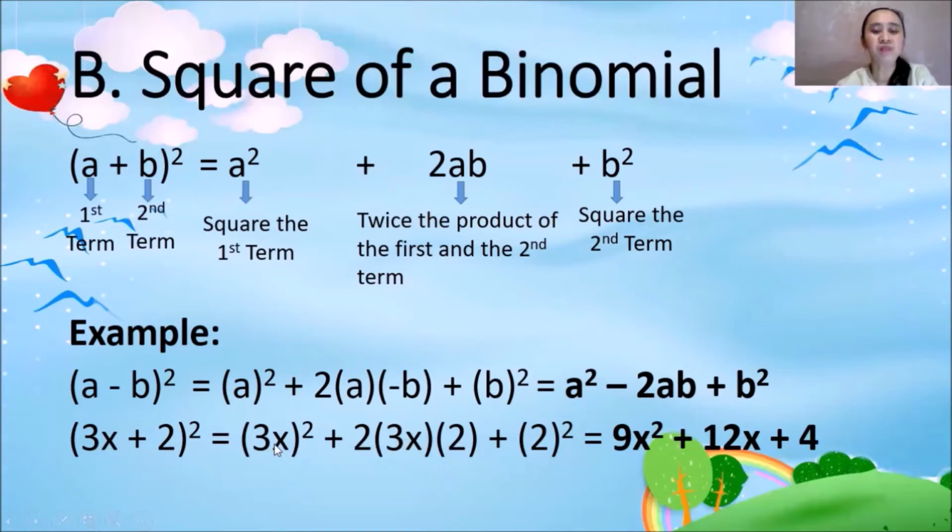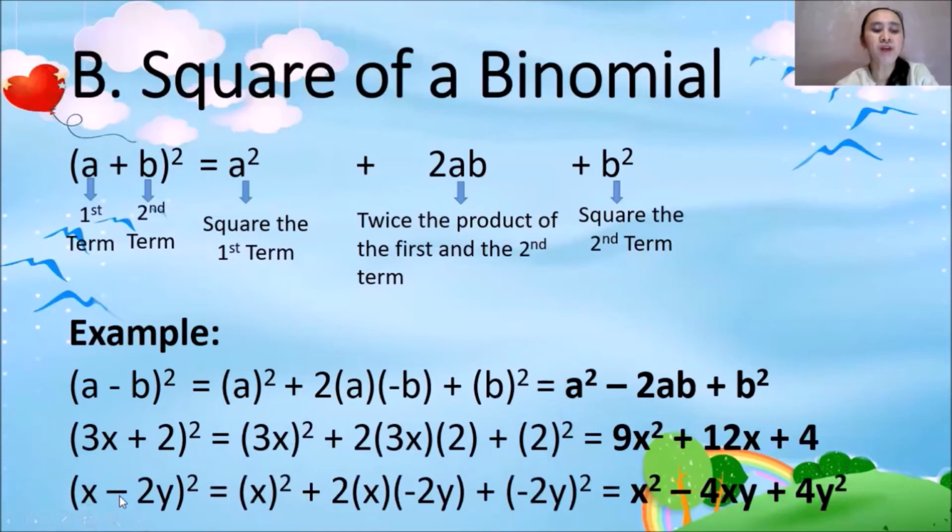So 3x times 3x, 3 times 3 is 9 and x times x is x squared. 2 times 3 is 6, 6 times 2 is 12x. And 2 squared means 2 times 2 is equal to 4. So this is the product of the square of binomial 3x plus 2 squared.